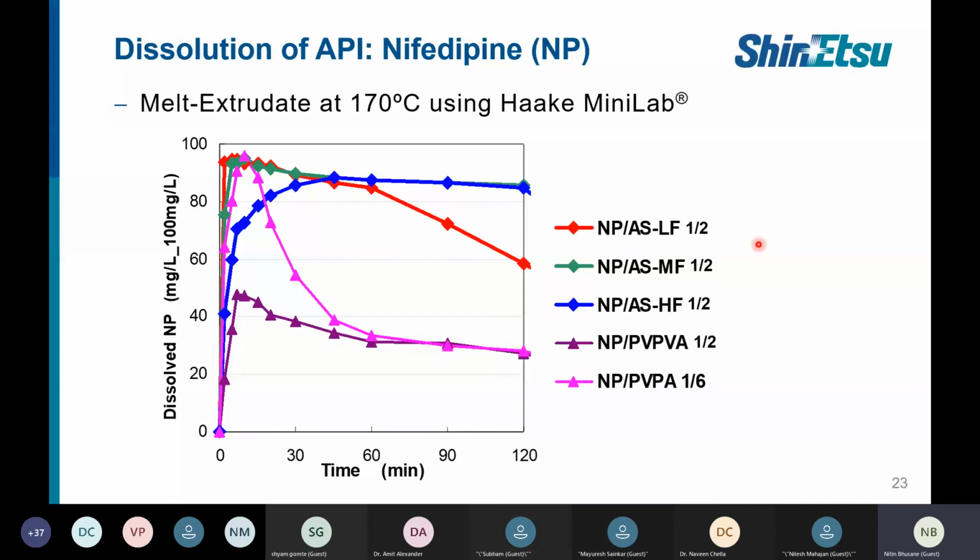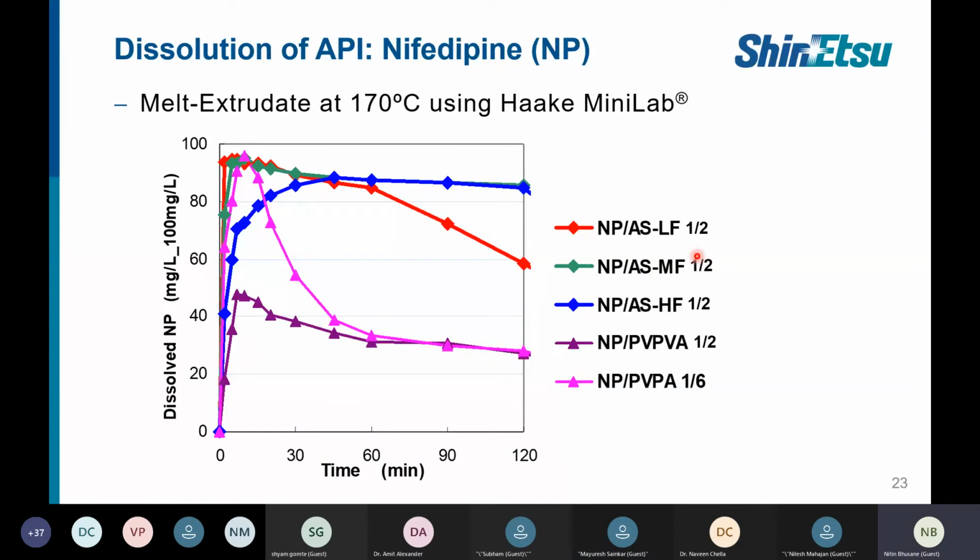And melt extruded at 170 degrees. In this case, the study we had done, nifedipine, again the same drug, but we evaluated 3 different grades of ACOD. One which dissolves at pH 5.5, that is ASL. One which dissolves at pH 6, that is ASM, and one which dissolves at pH 6.5 and above, that is ASH.